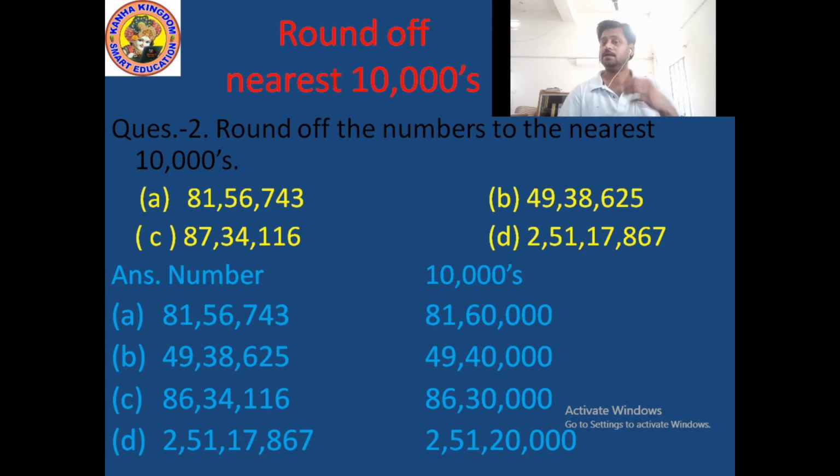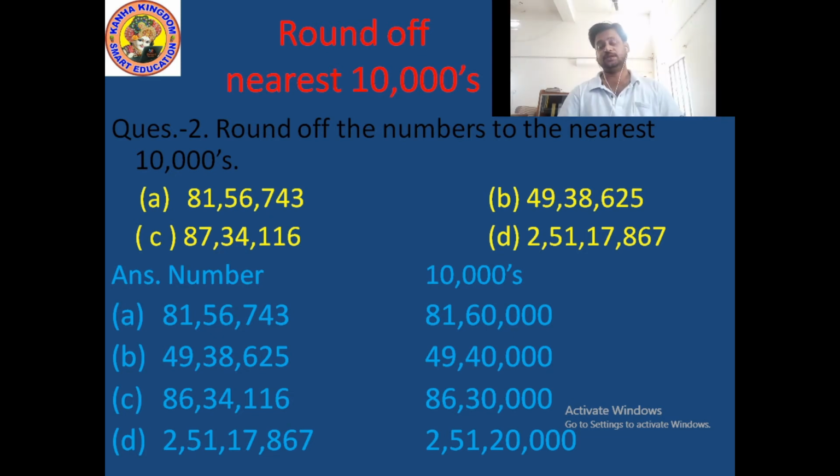First tell me when the 1000 period starts. Yes, after 1 comma the 1000 period starts, and just after 1 comma which place value? 1000 place value. So which digit is in the 1000 place value? 4 is in the 1000 place value, and just after the 1000 place value which digit comes?